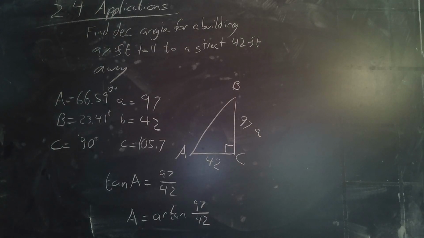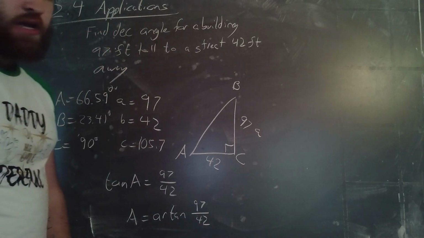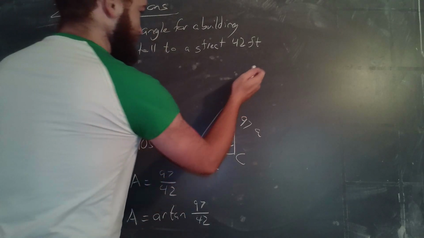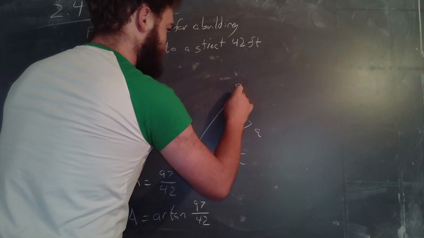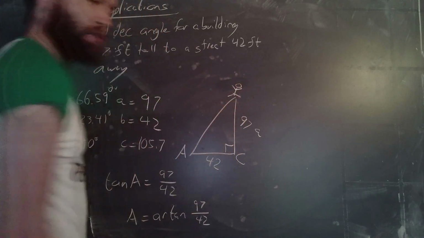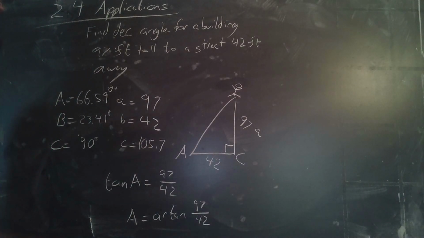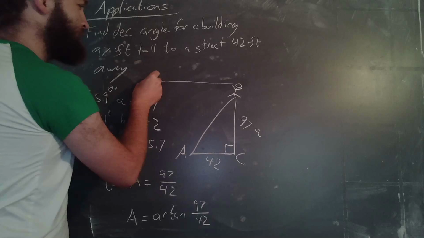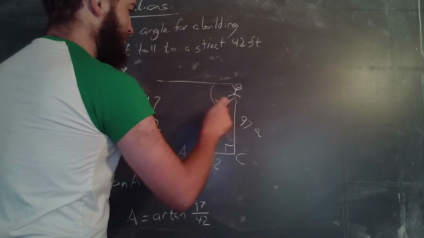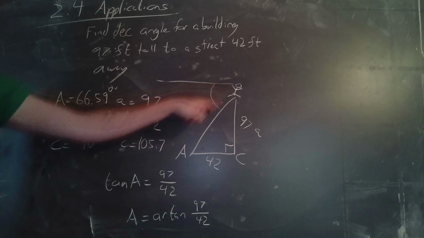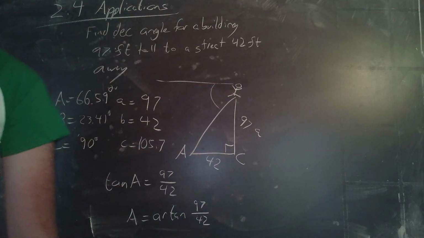for. Now notice this says an angle of declination. So an angle of declination means that we might have some little guy standing up here on top of the building. And from his line of sight, we want to know what angle this forms looking down at the street.